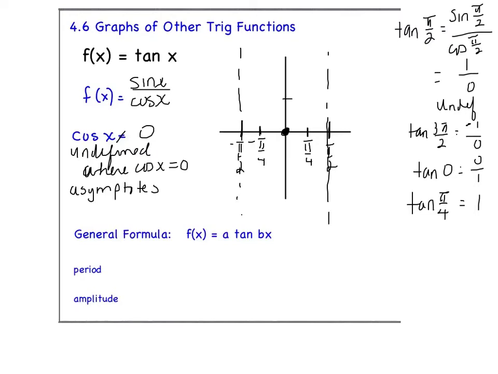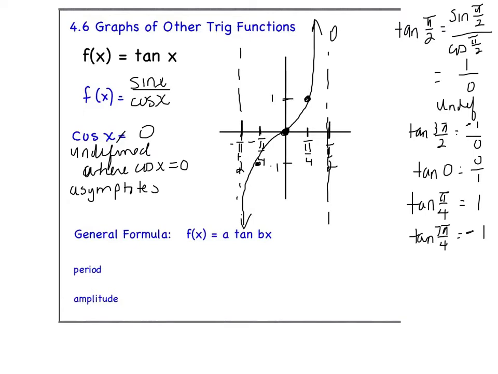So I'm going to go up 1, down 1, and this will be 1. The tangent of 7 pi over 4 is going to be negative, so that'll be negative 1. And so that's here. So the tangent function looks like this, kind of like a cubic function.